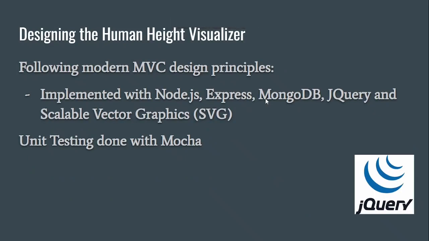All right, so in order to design the visualizer, we followed MVC design principles taught throughout the course, using node.js, Express, and MongoDB as the backend, and also using HTML, JavaScript, and CSS, along with jQuery and SVG to create the front end, with unit testing done with Mocha.